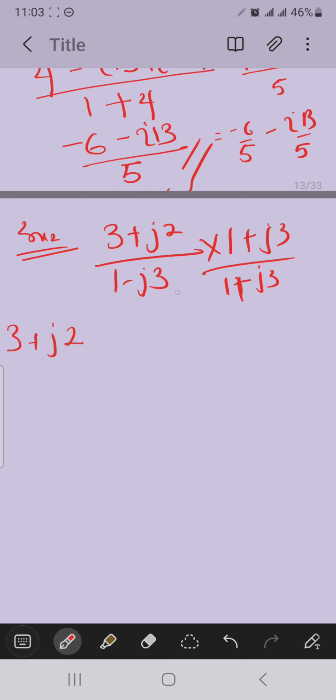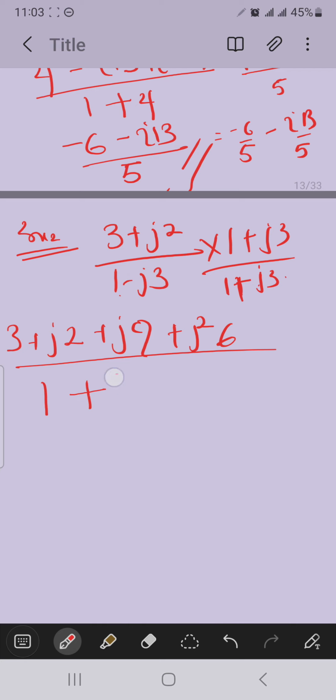Plus j3 times 3, we have plus j9. This one times this, plus j squared, 2 times 3, 6, all over 1 times 1, 1, minus times plus, minus j times j squared, which is plus 3 times 3, 9.